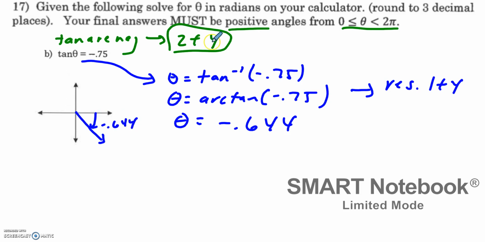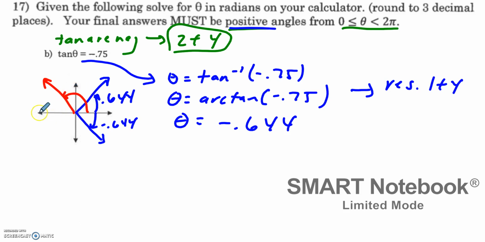Now, my final answer is in 4, but we need to kind of rethink this a bit because this is a negative answer and we want a positive answer. So what I would do is draw the reflection in the first quadrant. So if this is negative 0.644, the first quadrant answer is positive 0.644. And if I want my answer in quadrant 2, I'm going like this. And notice that I'm going into the second quadrant.